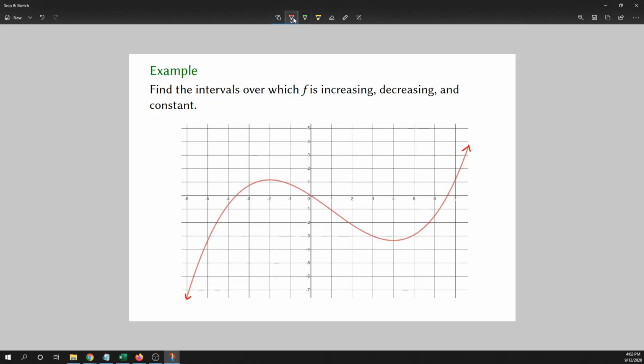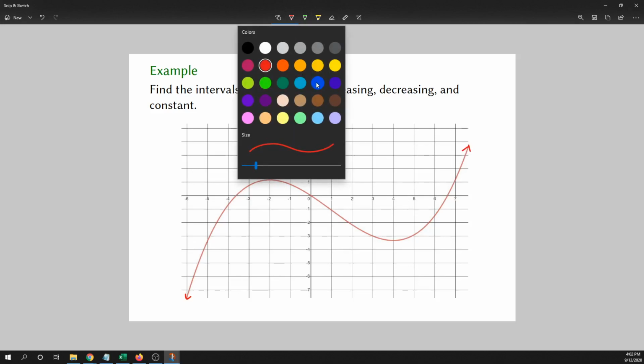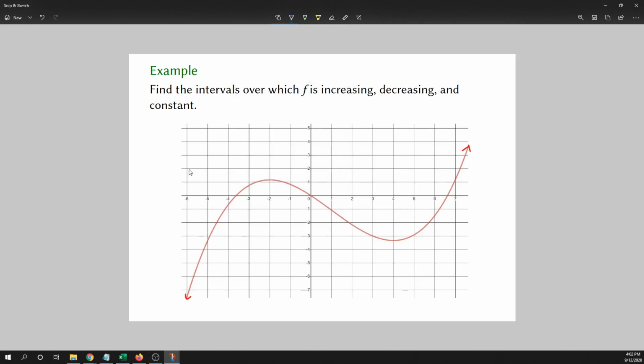Now what we want to do is determine the intervals over which f is increasing or decreasing. So we would start right over here to the left, and we can see the arrow shows that the graph continues like this, and that it's increasing. So we would say that this function is increasing from minus infinity to, if we follow this up, we can see that it stops increasing right up here, so we would list that it's increasing from negative infinity to -2.